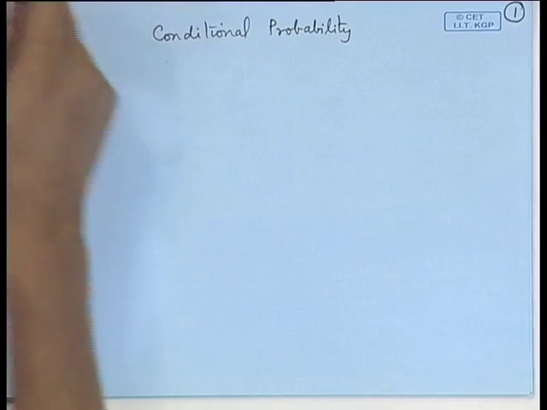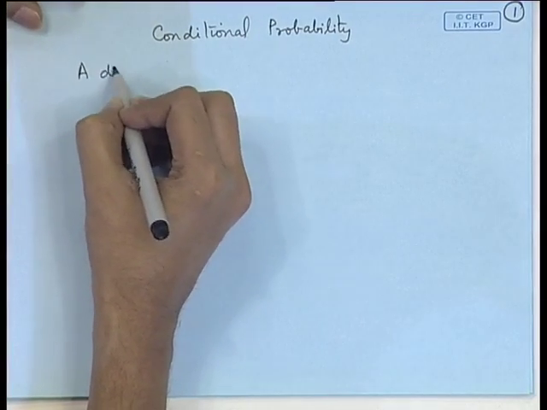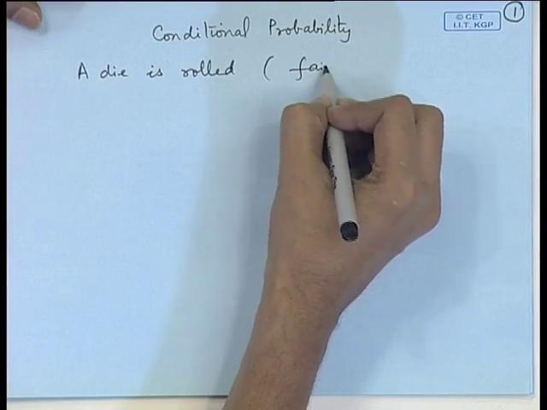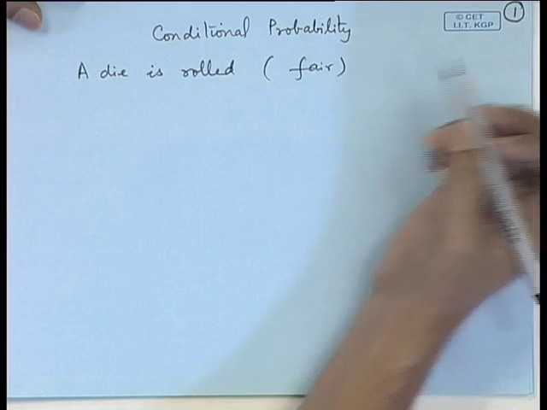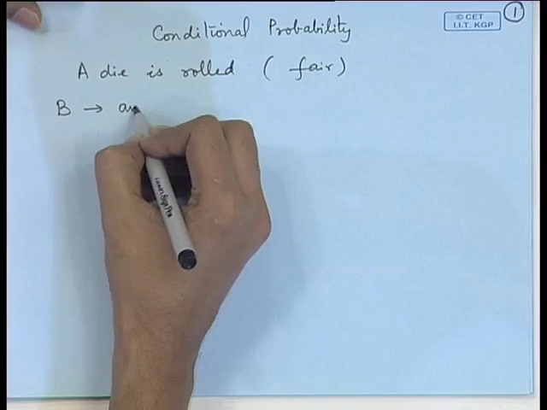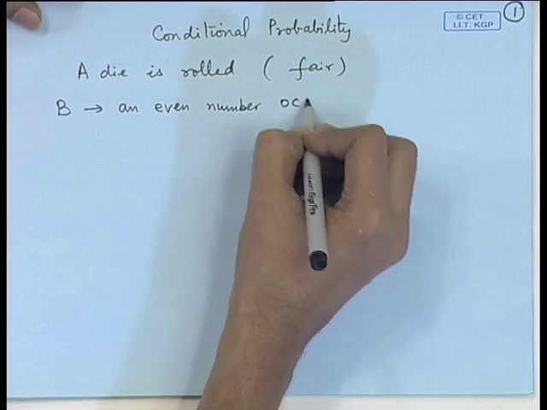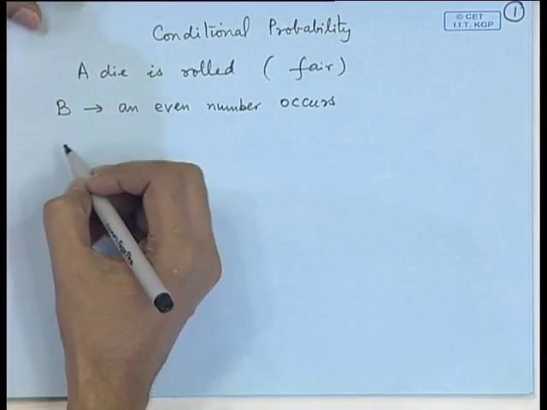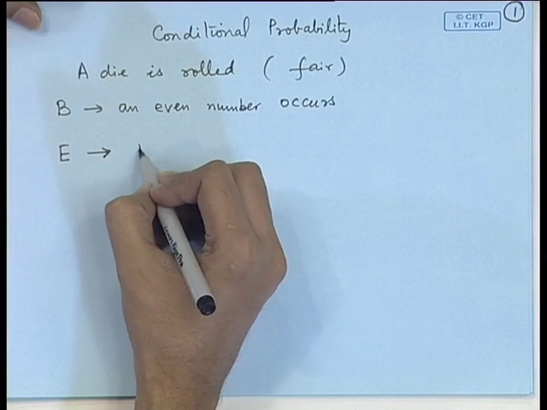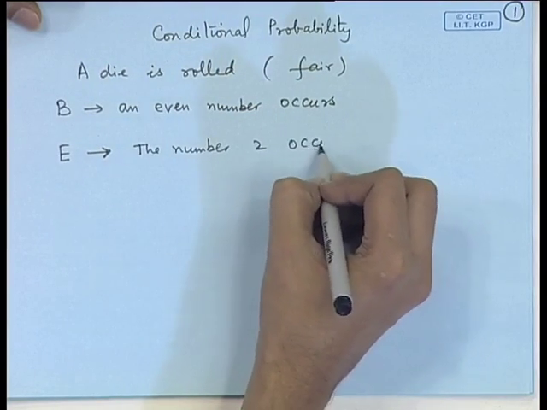Let us take a very simple example. Suppose a die is rolled, and suppose it is a fair die. Let B be the event that an even number occurs, and let E be the event that the number 2 occurs.